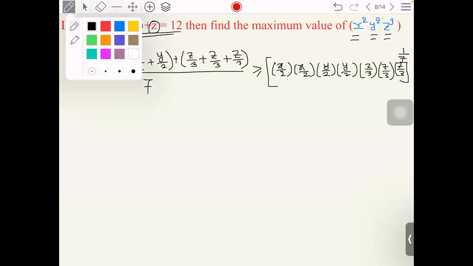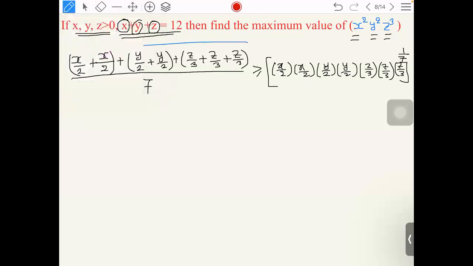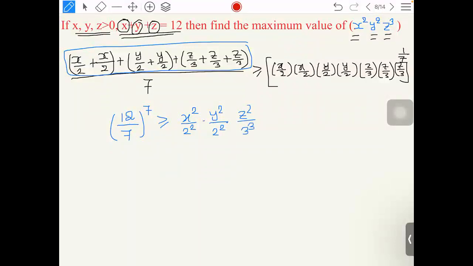We know that the summation of this entire thing, which is x plus y plus z, is given as 12. So we can write 12 by 7 raised to 7 is more than or equal to x square by 2 square, y square by 2 square, z cube by 3 cube.